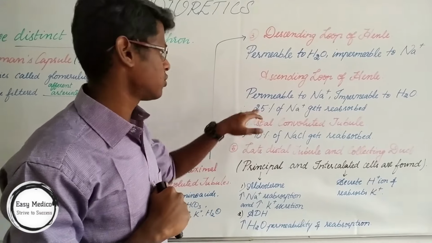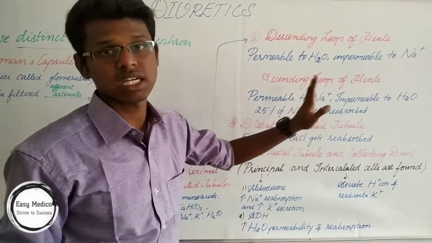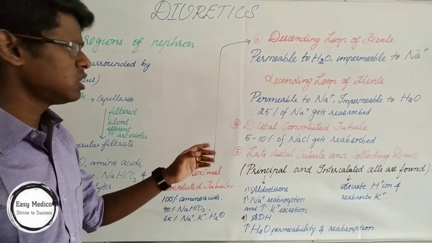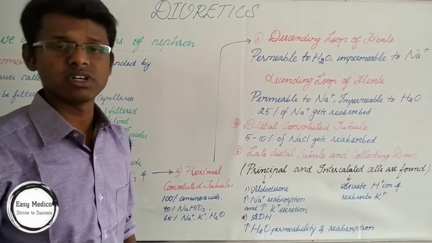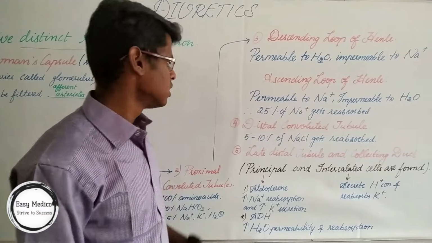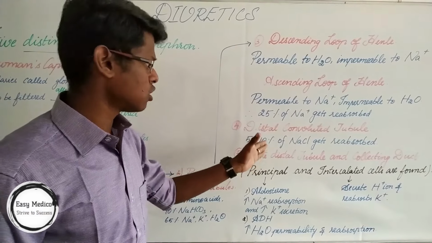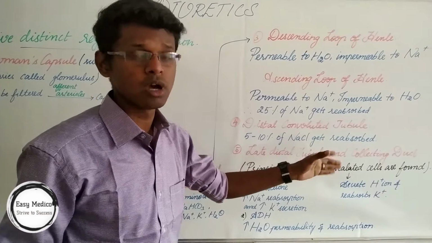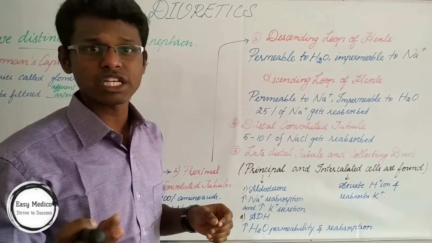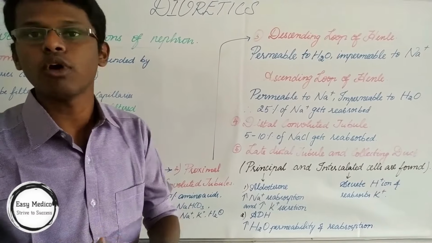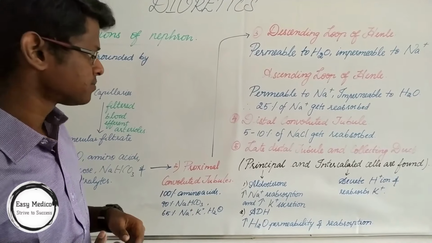So there, 25% of sodium gets reabsorbed. Now, the fourth part of the nephron is the distal convoluted tubule. In this, 5 to 10% of sodium chloride gets reabsorbed, which in turn causes a more diluted form of the glomerular filtrate.